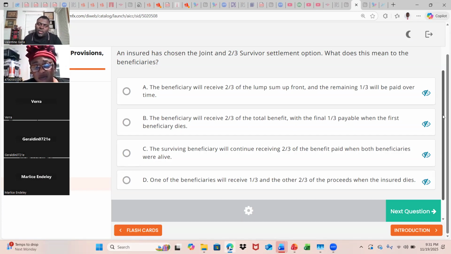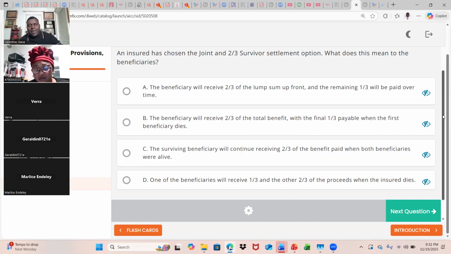How about joint and survivor? I also have people write down joint and survivor equals second to die. For joint and survivor, they will pay a certain amount to both parties while they are still alive.